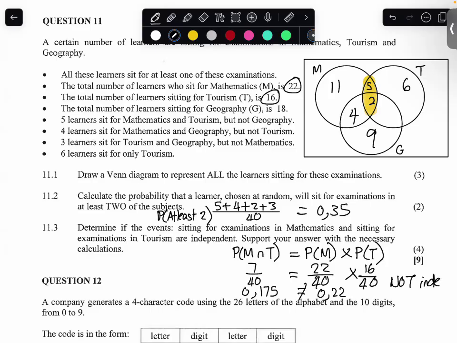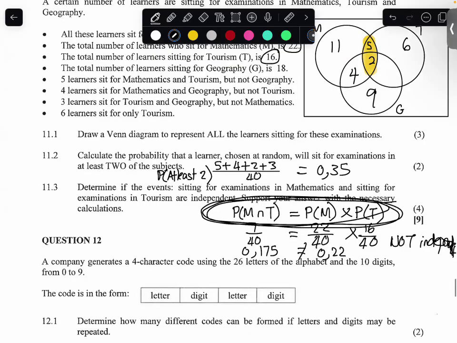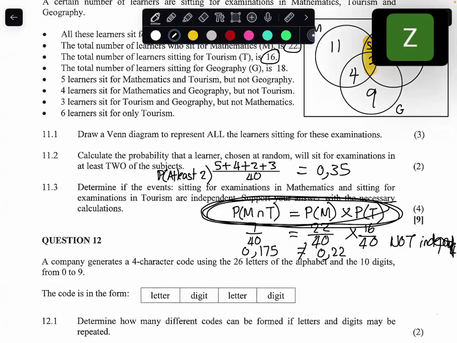So whenever the word independent events comes up, you have to prove this equation, the product rule, that the probability of something and something is equal to the probability of the first thing times the probability of the second thing. And if the left-hand side is equal to the right-hand side, then the events are independent. And if the left-hand side is not equal to the right-hand side, when you convert to the decimal, then the events are not independent.